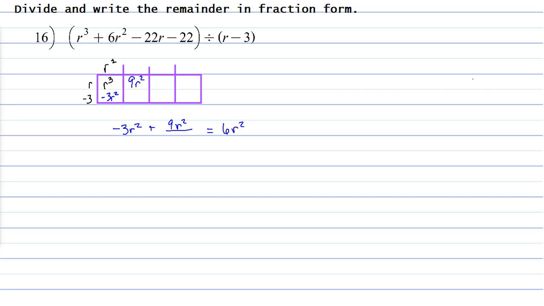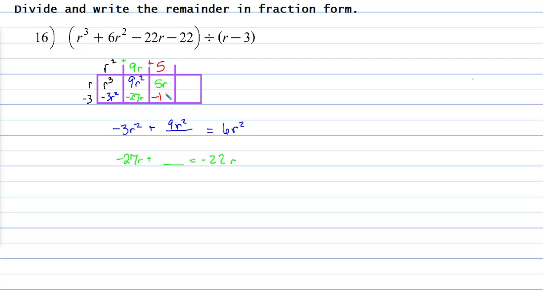I need to divide to go up. So that gives me 9r, and it was positive. Multiply to come down, negative 27r. So negative 27r plus something is equal to negative 22r. Well, that something is a positive 5. Divide to go up.